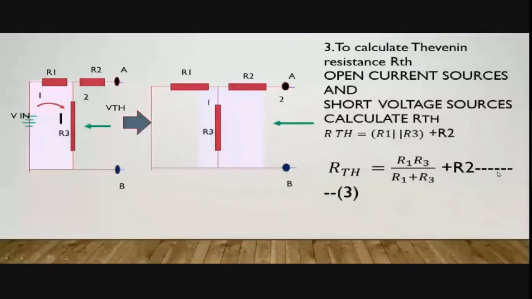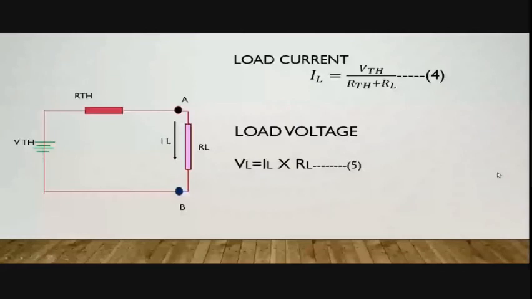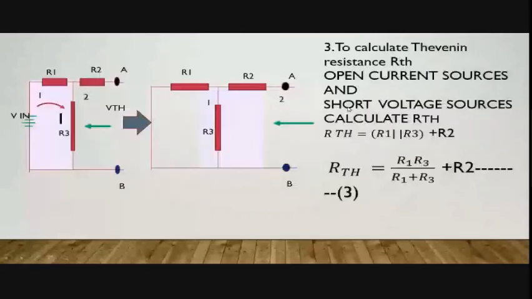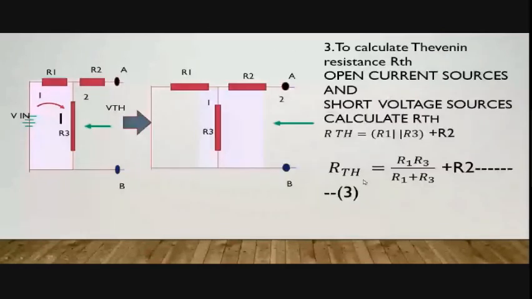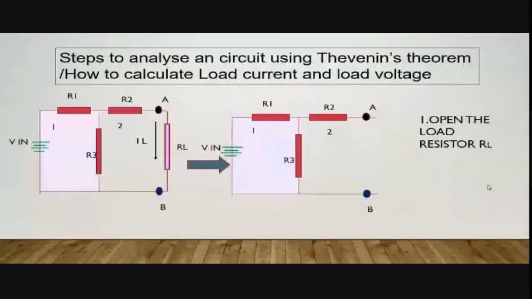So now what have we done? We have found the Thevenin voltage, that is VTH, I into R3. We have found out the Thevenin resistance, that is R1 R3 divided by R1 plus R3 plus R2. So now this entire complicated circuit, we are going to replace by a single voltage source VTH and a single resistance RTH in series with the voltage source.